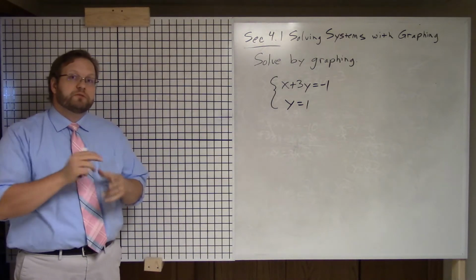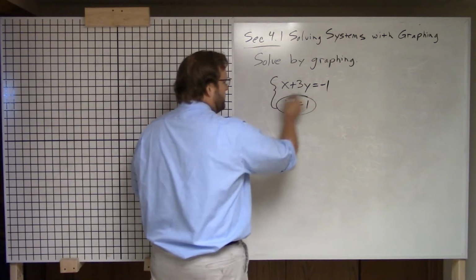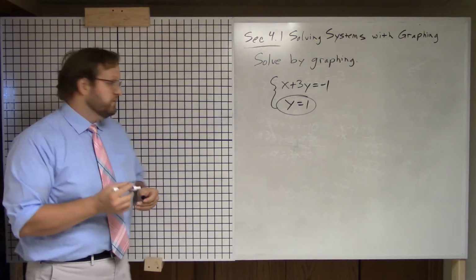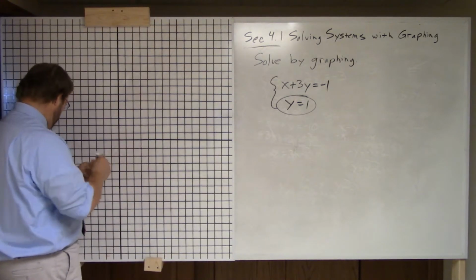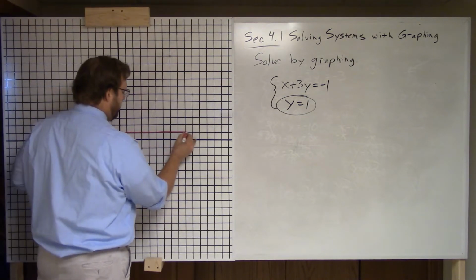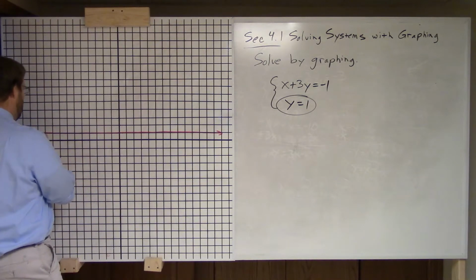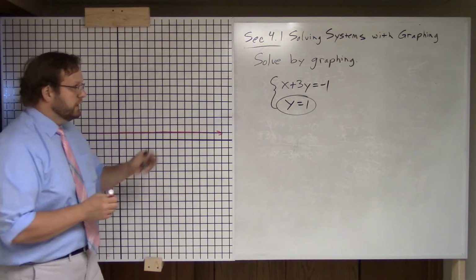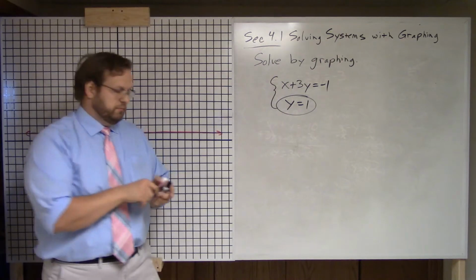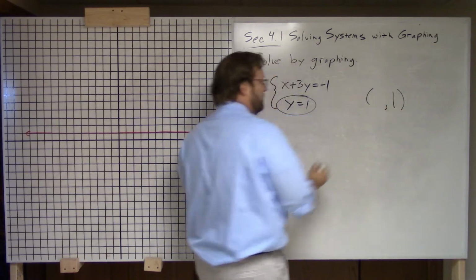Again, what we're trying to do is first get them both in a graphable format, slope-intercept form. So this one's already good because we know y equals 1, that's a horizontal line. Now that tells me a couple things. First of all, we know that we're going to have a very easily graphed horizontal line, like so. However, it also means y has to be 1. The solution to this system has to be an ordered pair with a y value of 1.